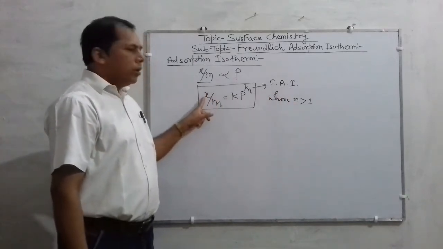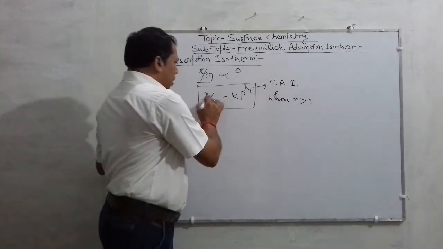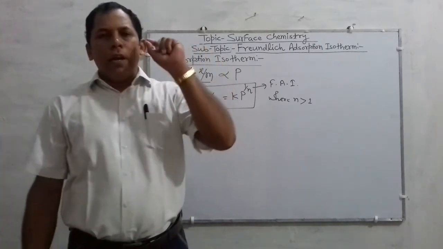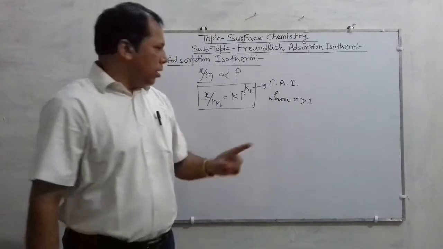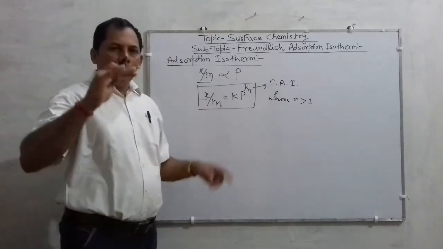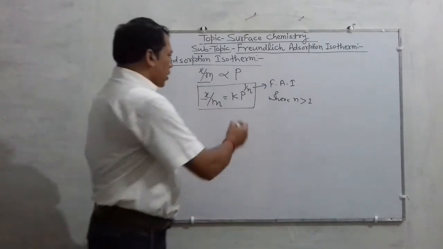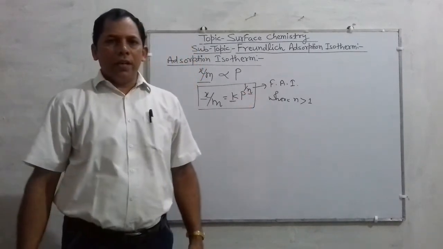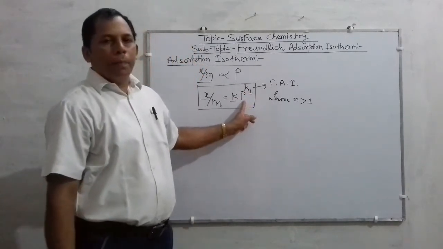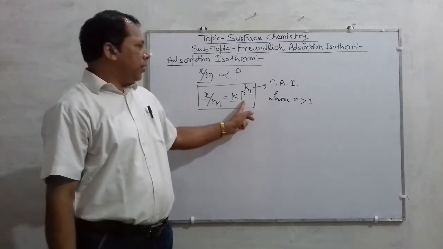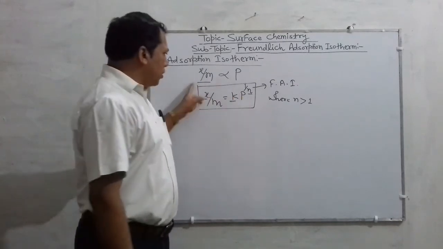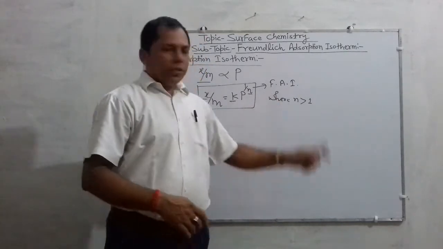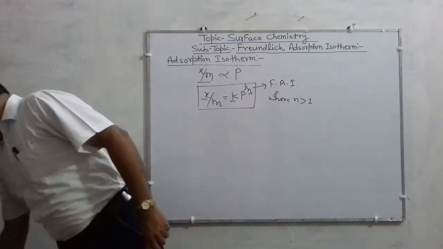Alright, where x, this is small x, is the amount of adsorbate, m is the mass of adsorbent, k and n are constants, and p is the pressure. Alright students? So this expression is known as Freundlich adsorption isotherm.